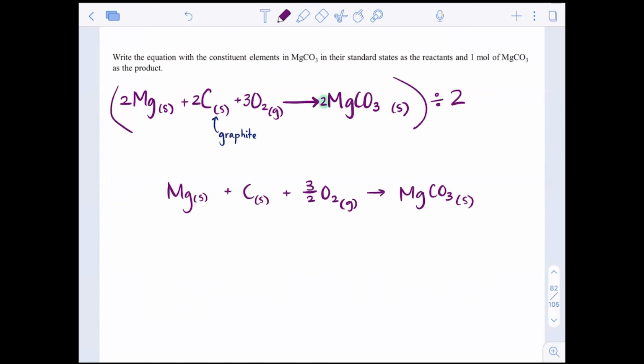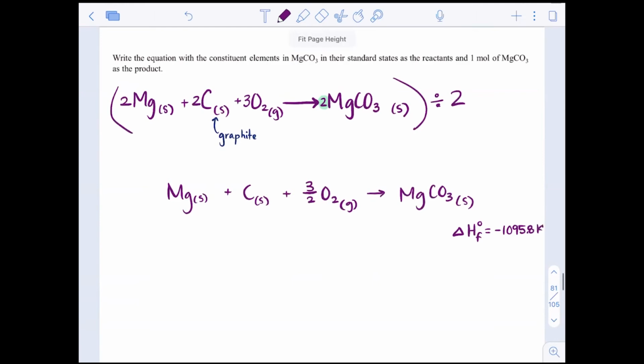That is the overall formation equation. Then you can go and look up the delta H of formation in the back of the textbook. It's in a really, really big chart. I would provide you that chart if necessary. You do not need to, again, memorize any of those values.